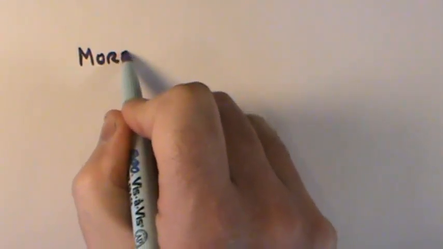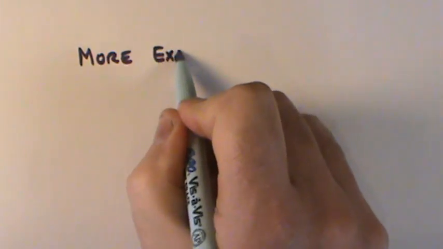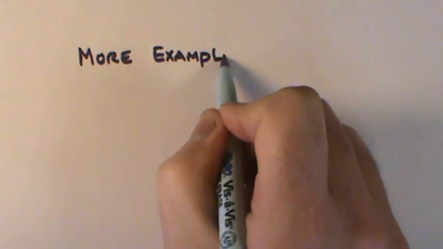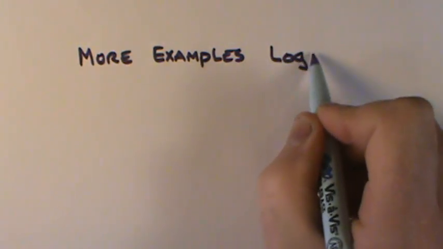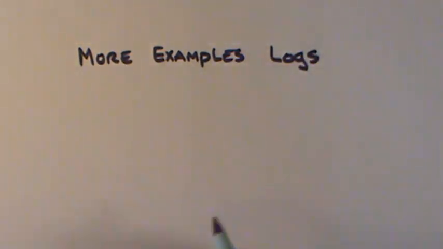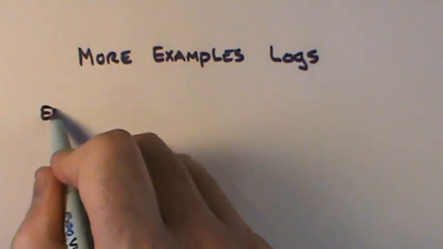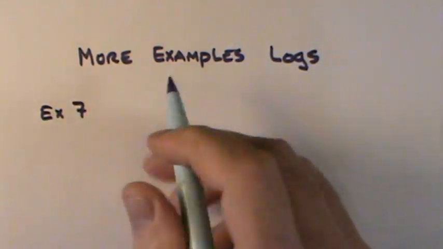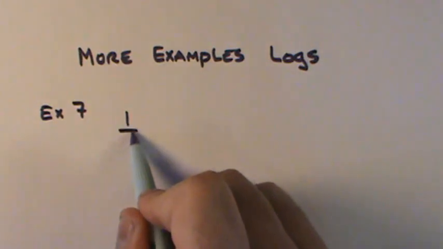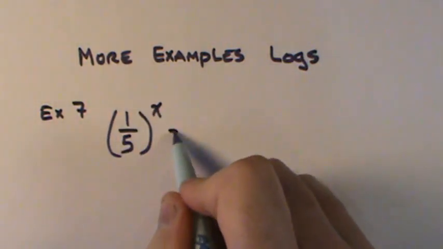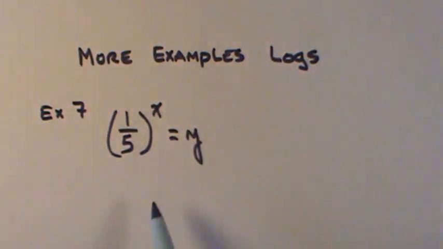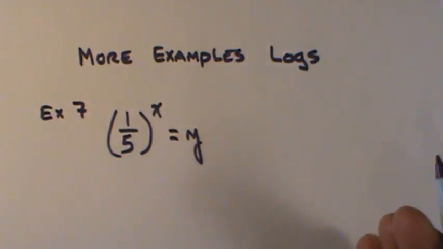We'll do some more examples of logarithms. So the structure here, we're going to call this example 7. I got a problem that says 1/5 raised to the x equals y, and they want me to convert this into a log form.